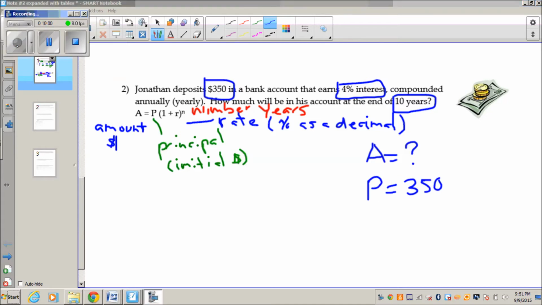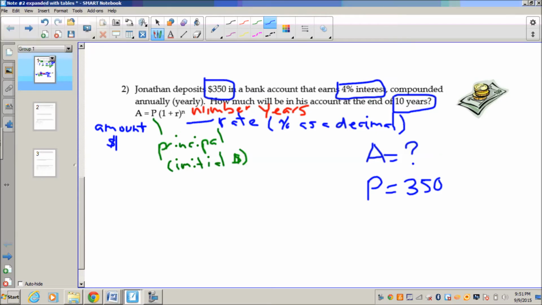R is the interest rate. In this case it is 4%. But 4% means 4 out of 100. We're going to rewrite this as a decimal, 4 hundredths. So we move the decimal place 2 places to rewrite it. This is 4 hundredths.